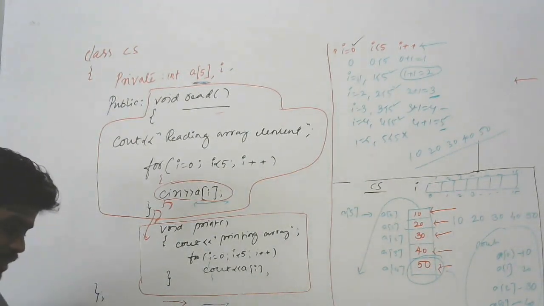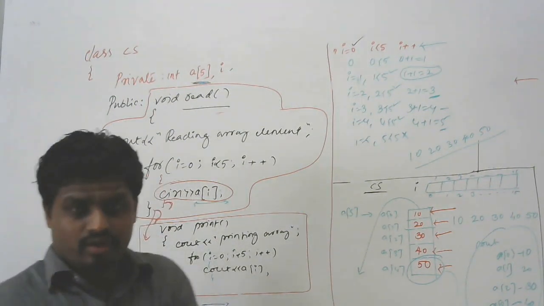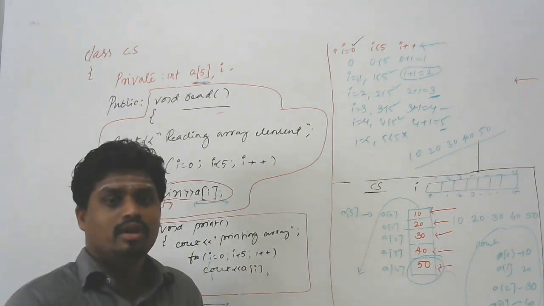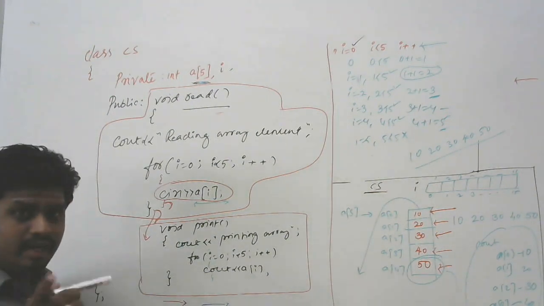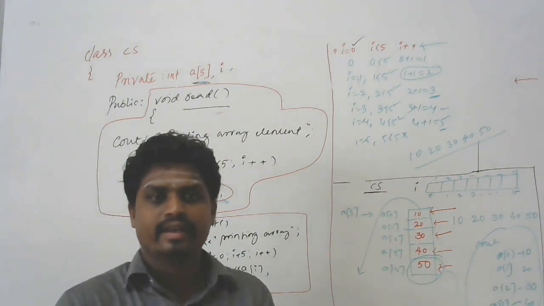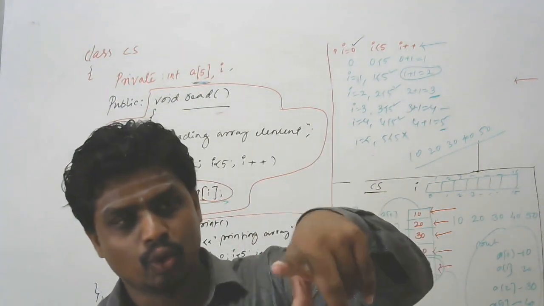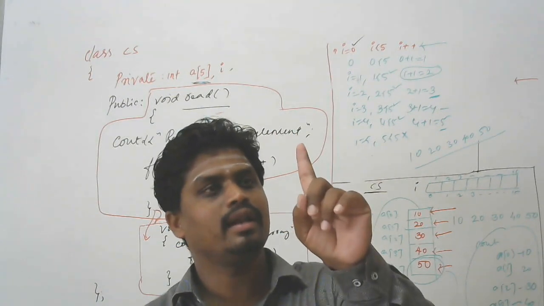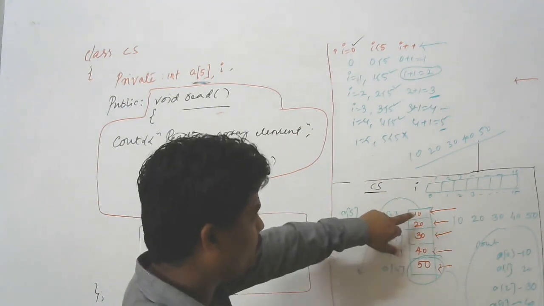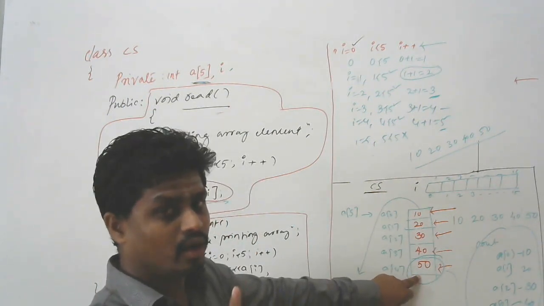I told one thing, one more time I am just revising. In the first year itself I told you, whenever you define a looping concept, any variable which you initialize inside the loop will start reading from the first position up to the end position without fail.